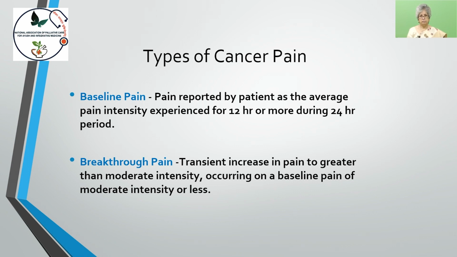Suppose a patient has cancer in the spine, he is lying down, taking rest, having some baseline pain, but suddenly if he gets up from the bed, because of the cancer in the spine, he will get severe pain. This is called breakthrough pain. It is a transient increase in the pain to greater than moderate intensity above the baseline pain. So, these are two types of pain you have to control.